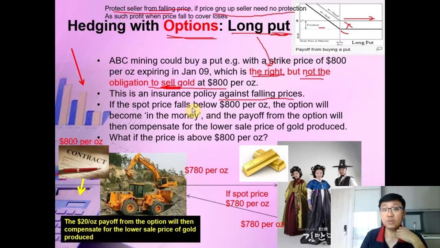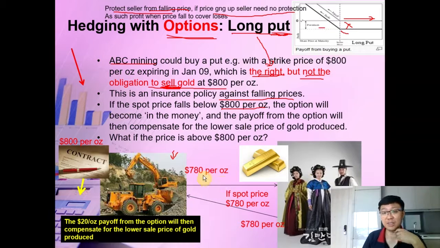So this will at least help to secure a selling price for this ABC mining company, so that in the future, like 6 months, 10 months later, the price can be maintained at this selling price and it still remains profitable for the mining industry, right?